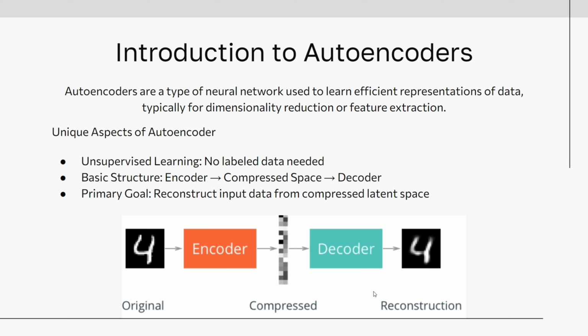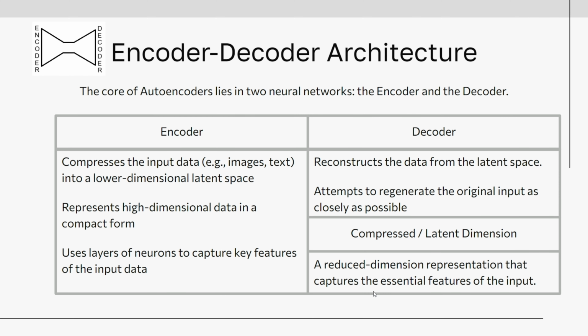Now, let us have a look at some of the unique aspects of the encoder and decoder with respect to an autoencoder. The encoder usually compresses the input data into a lower dimensional space, and it represents the high dimensional data in a compact form.